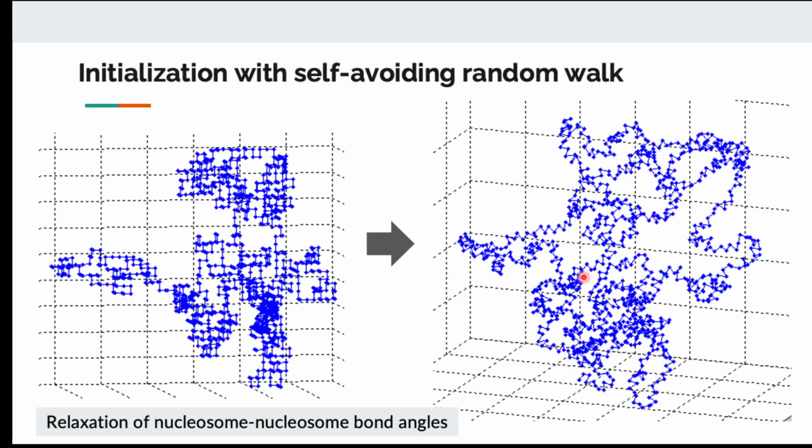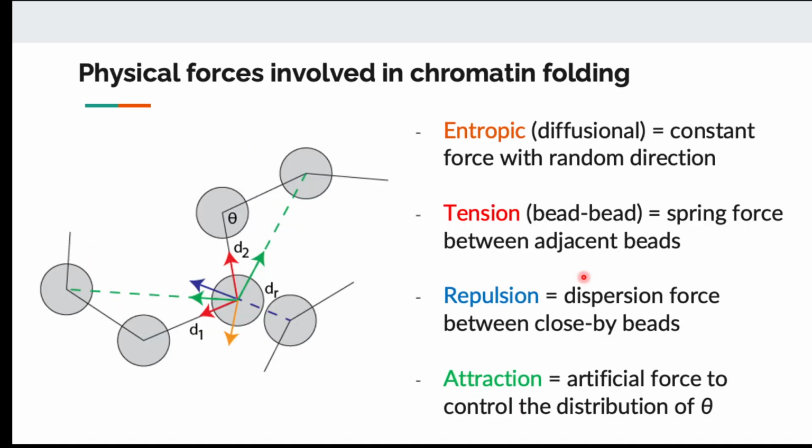But then you need to update this structure to see if there are proteins, if it moves, what will happen. So we have to think about the laws of physics. Which laws of physics can apply to the structure of the chromosome?